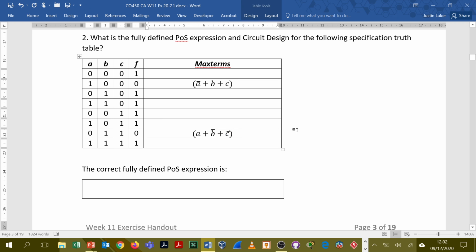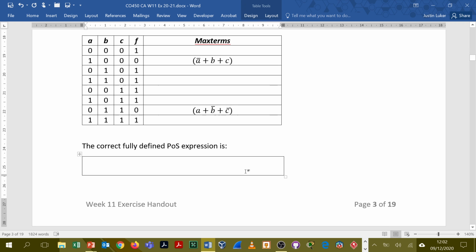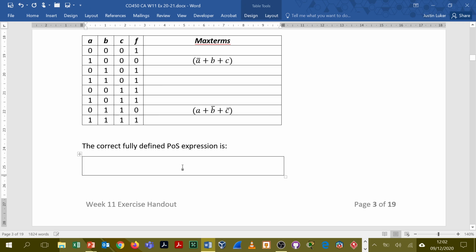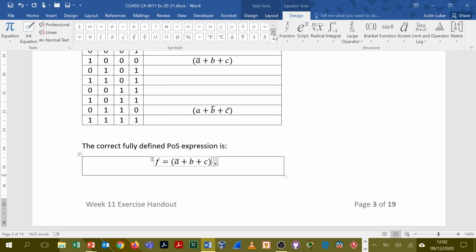So now we can do the full expression. So we've got the first one there. F equals not A or B or C. And then we're bringing them together with AND. So remember, second level in the product of sums is AND.